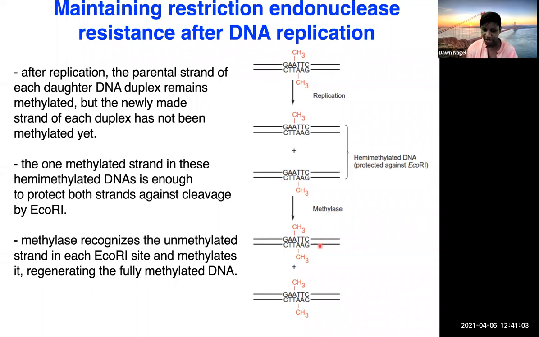So this is protected for the rest of the cell cycle, restricting its DNA from being digested or destroyed, and making sure this continues on throughout cell division so that the bacteria can survive.